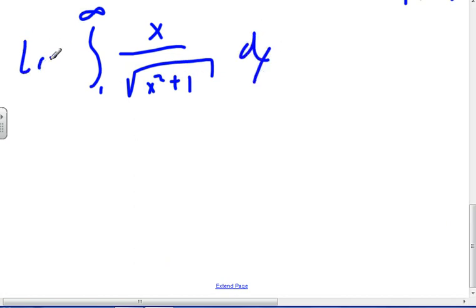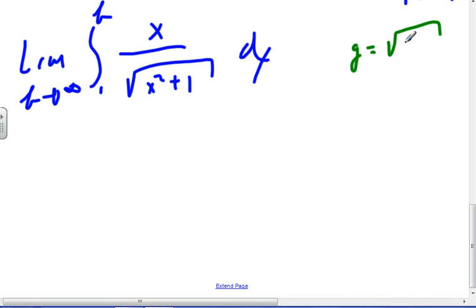And we'll limit b goes to infinity. Okay, we're going to do a guess. We're going to guess that we had the square root of x squared plus 1.